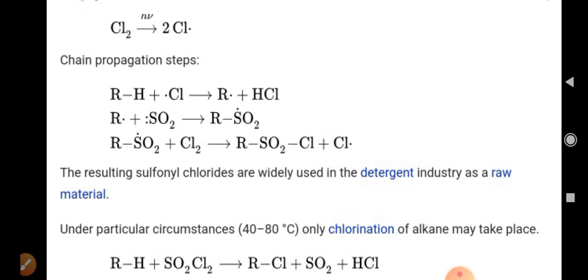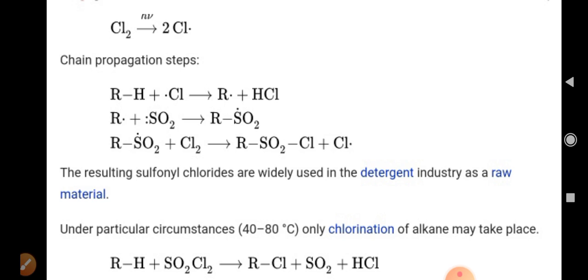In the first step, you can see that Cl2 undergoes homolytic fission to form two chlorine free radicals. This is the chain initiation step. Next, the chain propagation step is there, in which alkane hydrocarbon RH with one of the free radicals firstly eliminates HCl, that means chlorine free radical abstracts hydrogen from alkane, that is hydrocarbon, and HCl is given out.